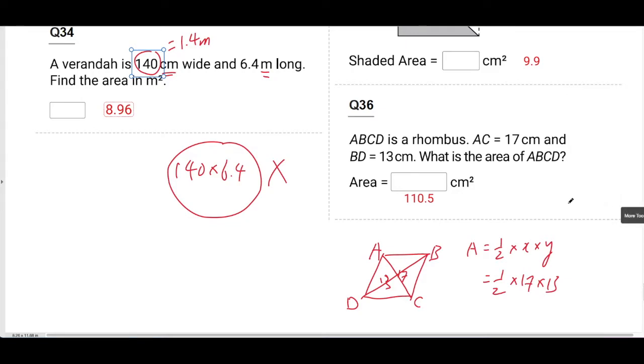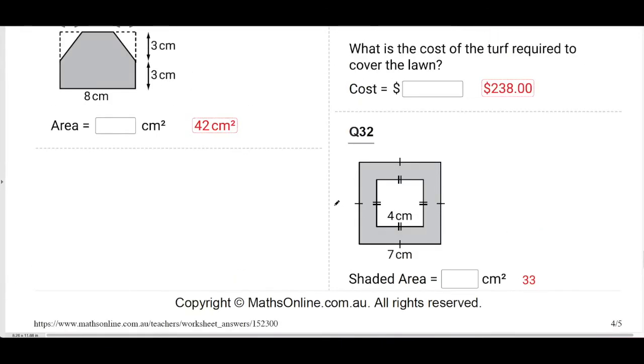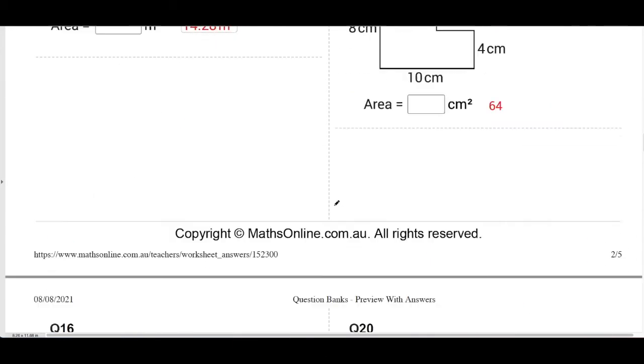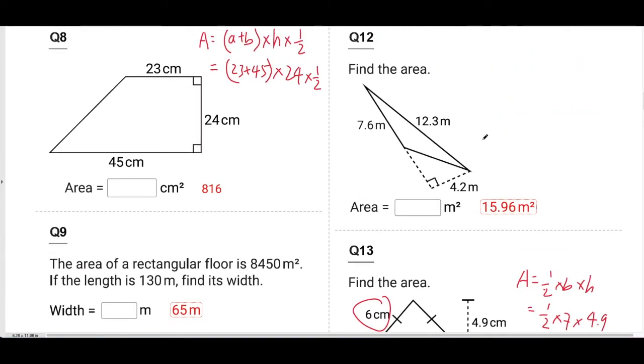Okay, so now I'm going to go into the red questions. And red questions are the ones where less than 40% of you got them right. So let's have a look. Question 12 is the first one. Find the area. Okay, so I don't know how you guys got tricked by this, but basically, area of a triangle is half times base times height, right?